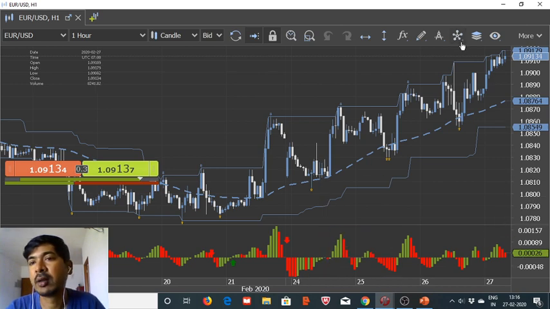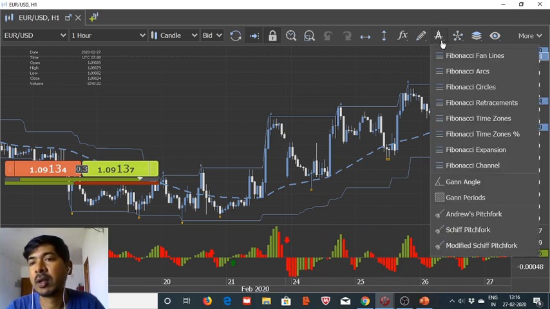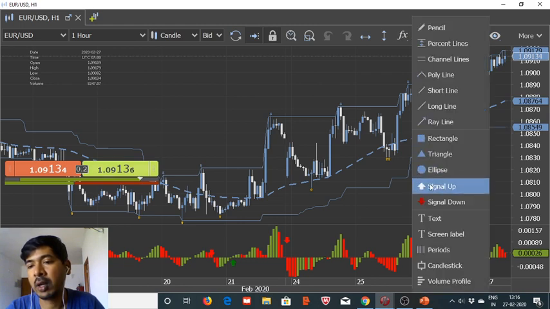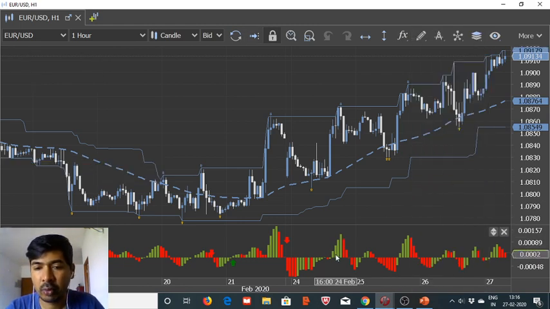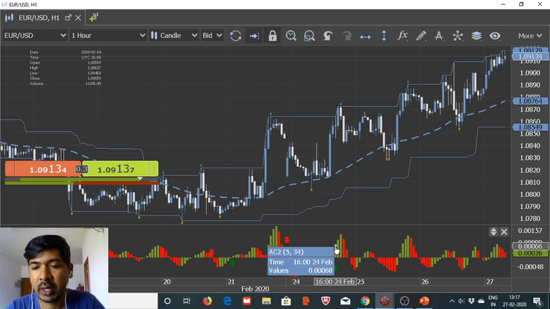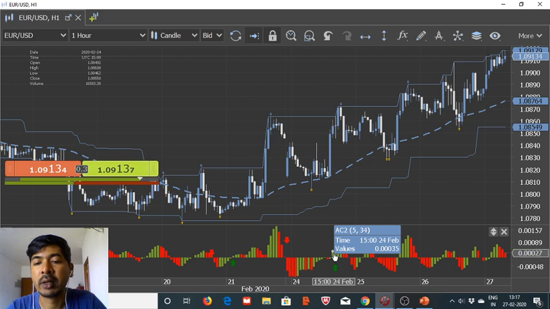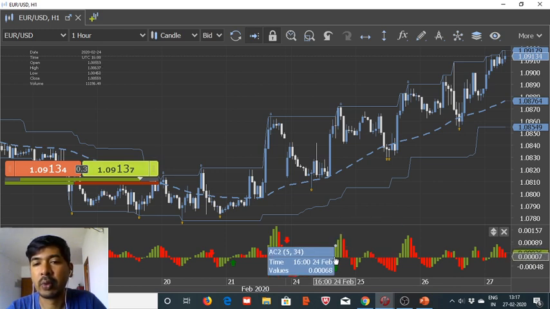And as I said, let me bring in a pointer. So the signal up, simply by using the AC2, the trade is supposed to execute in these hours. That is, here the trend was bearish, then the trend turned bullish, and in this hour it is continuing to rise.